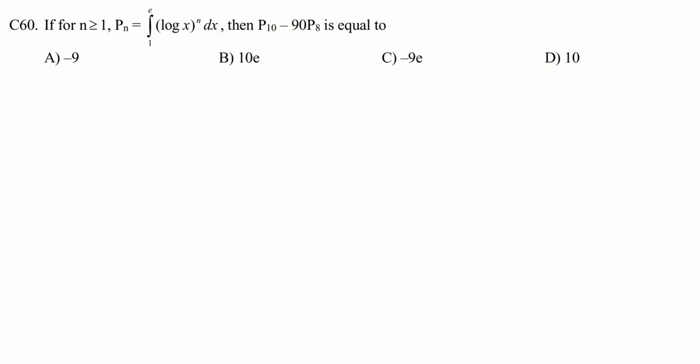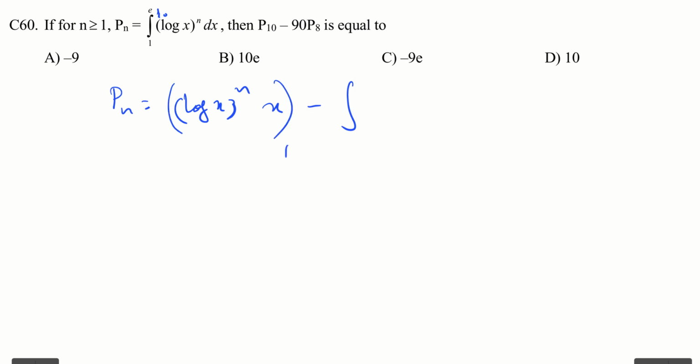We have seen problems of this type in the intermediate textbook itself. Kind of reduction formula here. You see, I apply by parts. So I have it as treating 1 as one function, it's u, integral v minus integral of, limits are from 1 to e, its derivative into whatever we got.